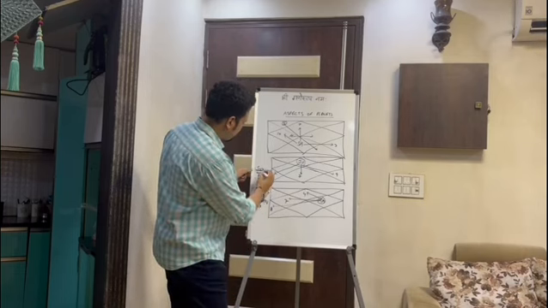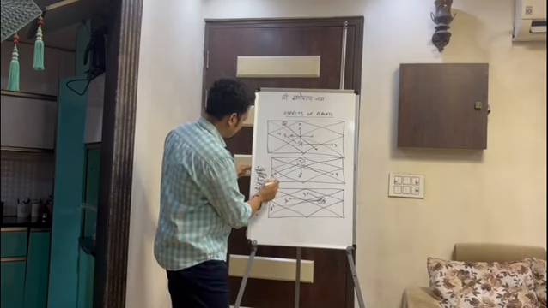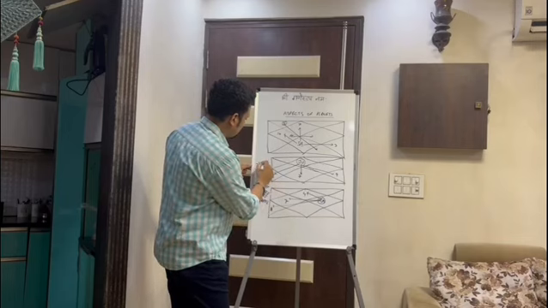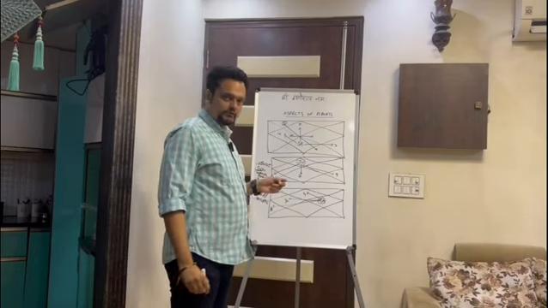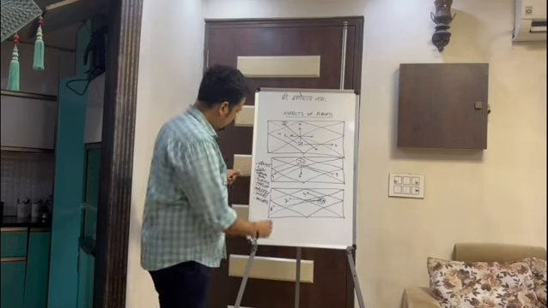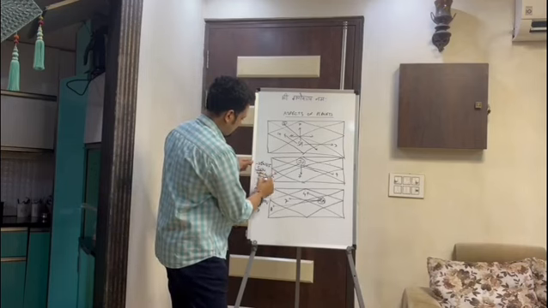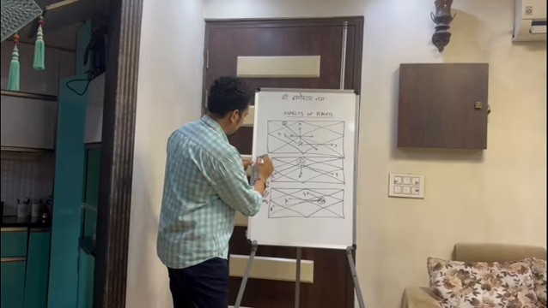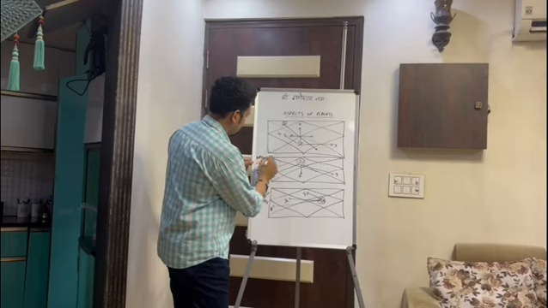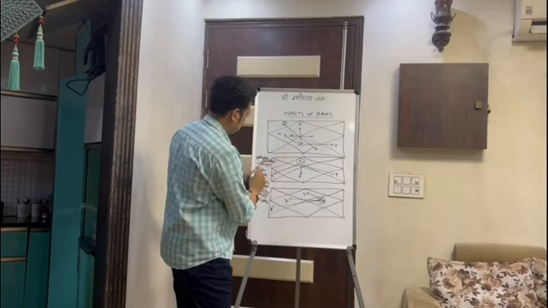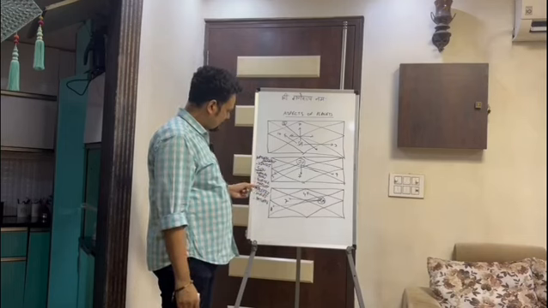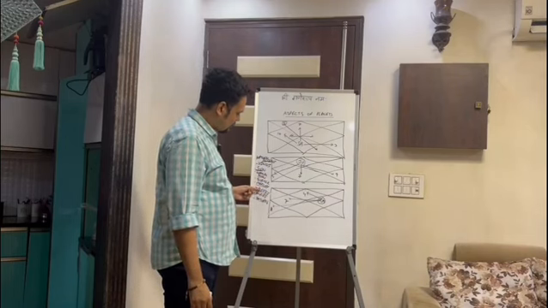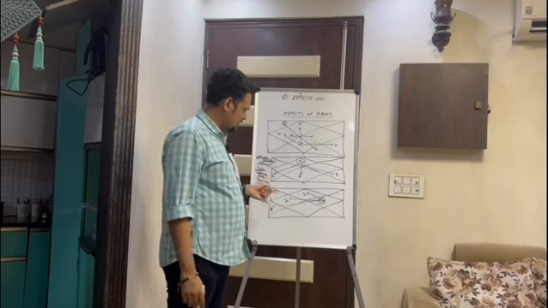Let's talk about Venus as well. Here I forgot to write Venus. Venus is also a benefic planet. So Venus, Sun, waxing moon, Jupiter and Mercury are the natural benefics, and the malefics are Mars and Saturn.